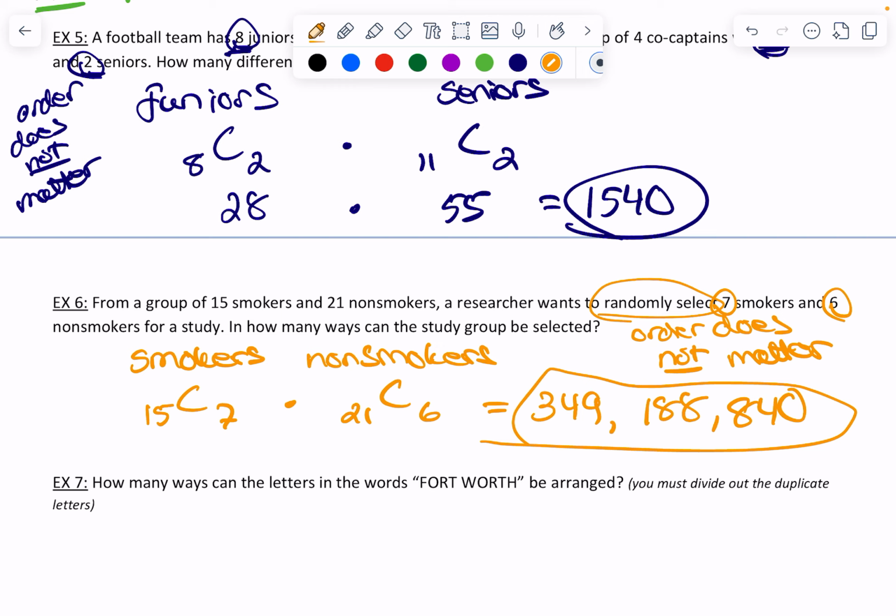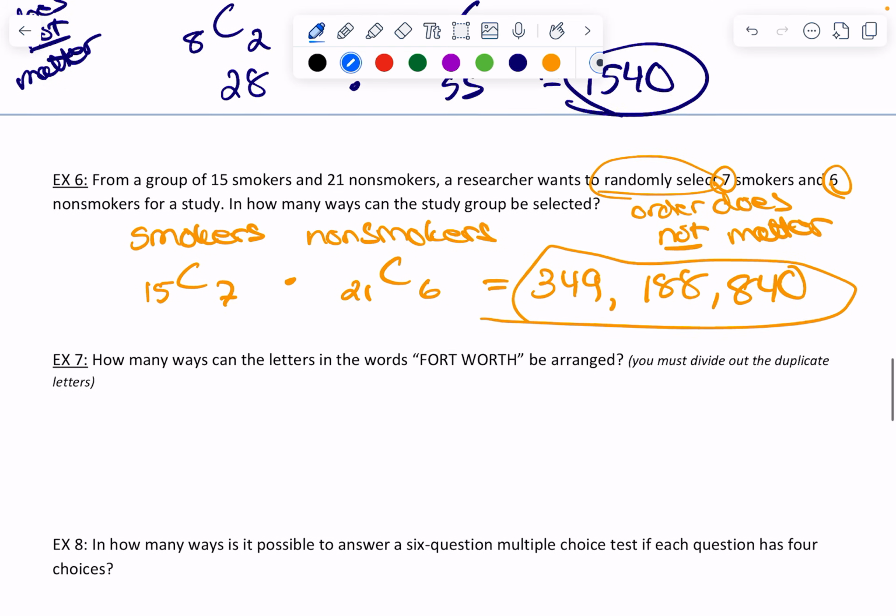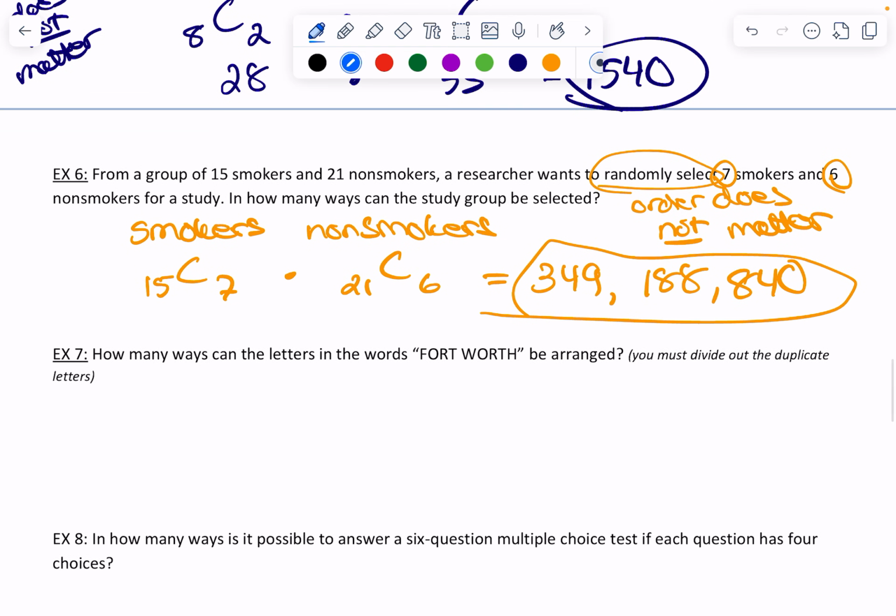All right, next one. How many ways can the letters in the words Fort Worth be arranged? You must divide out the duplicate letters. So what do we have here? Notice the words Fort Worth have 9 letters. So that's going to be 9 factorial.